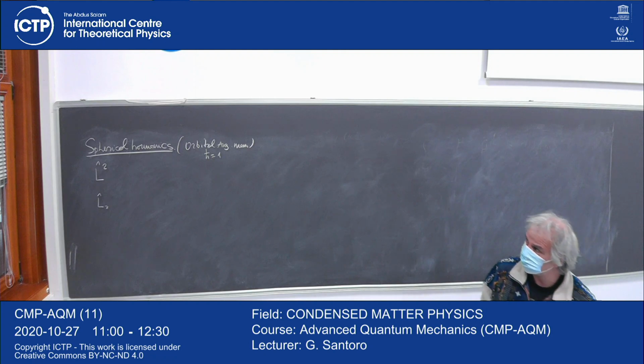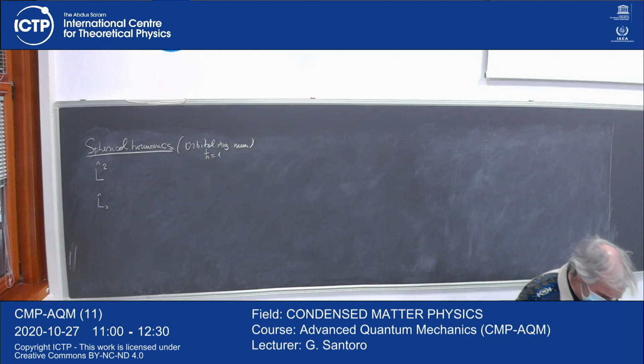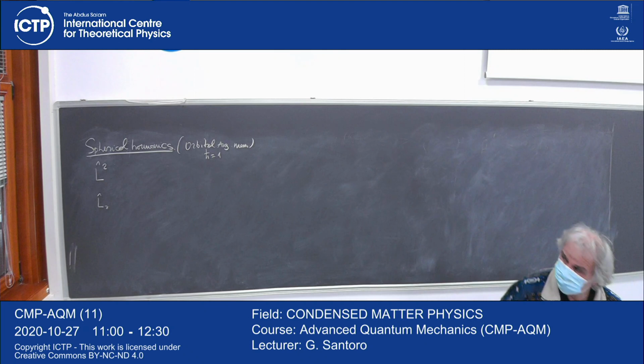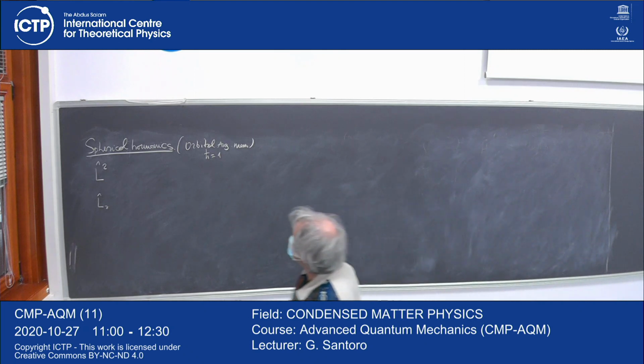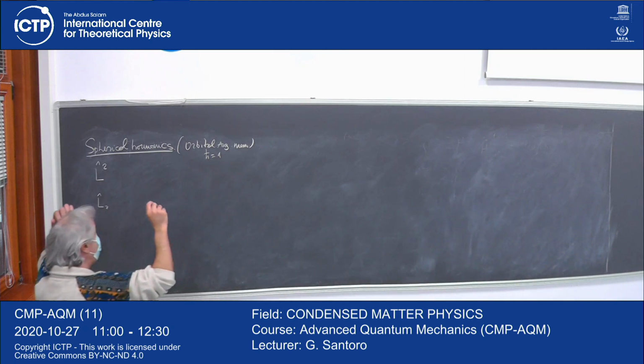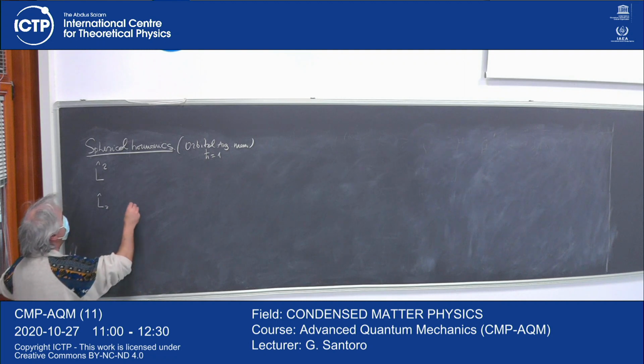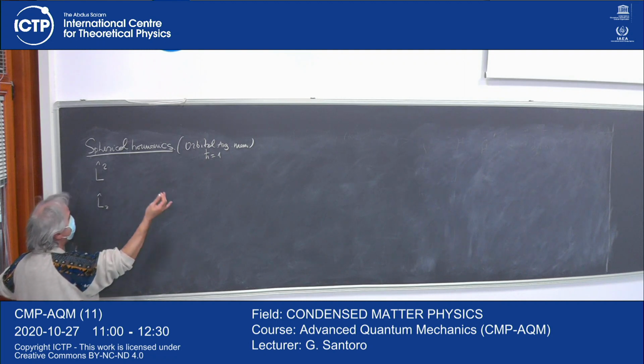Today will be about explicit construction of the spherical harmonics. So we consider again the orbital angular momentum, and we look for two states.